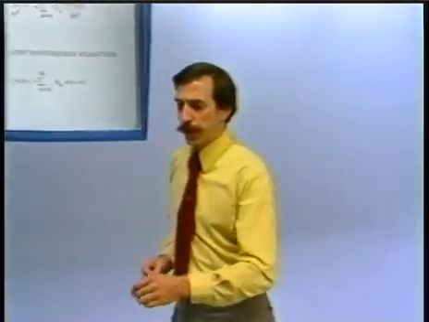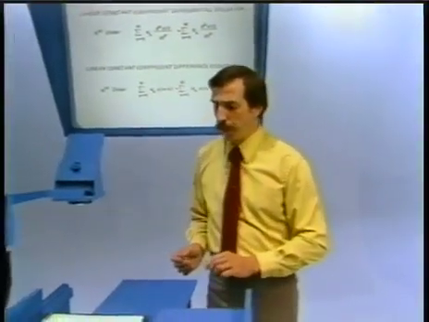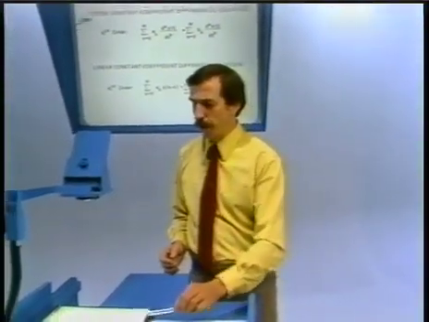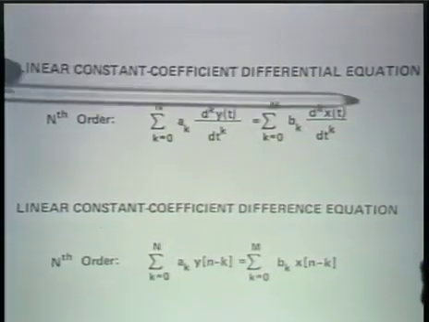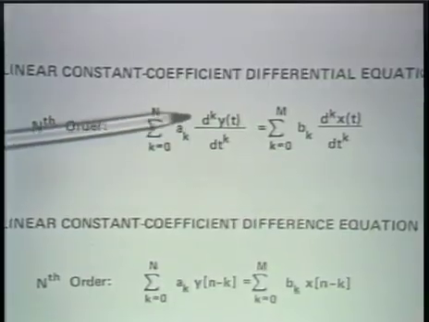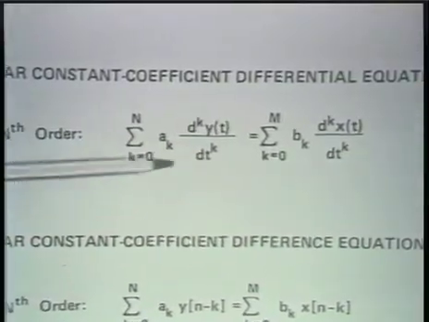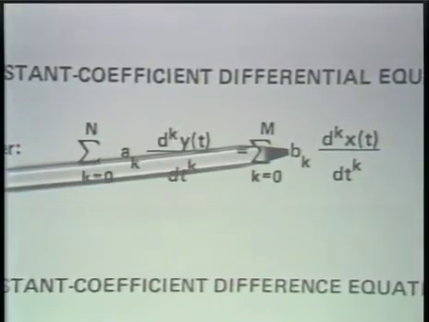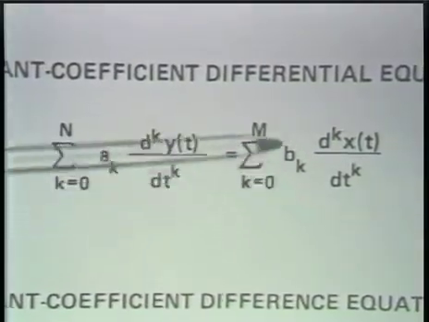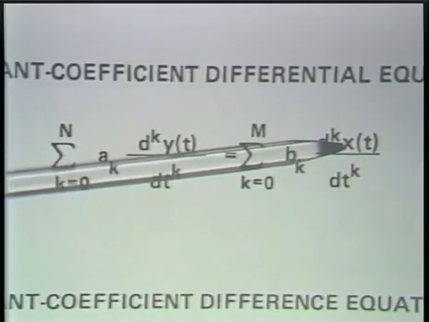Well, let's first consider what I refer to as an nth order linear constant coefficient differential equation, as I've indicated here. And what it consists of is a linear combination of derivatives of the system output, y of t, equal to a linear combination of derivatives of the system input, x of t.